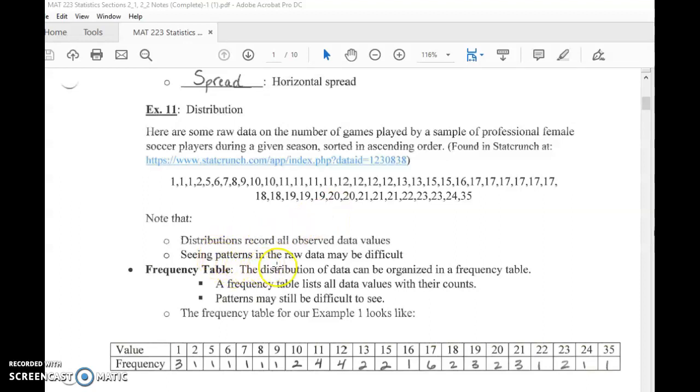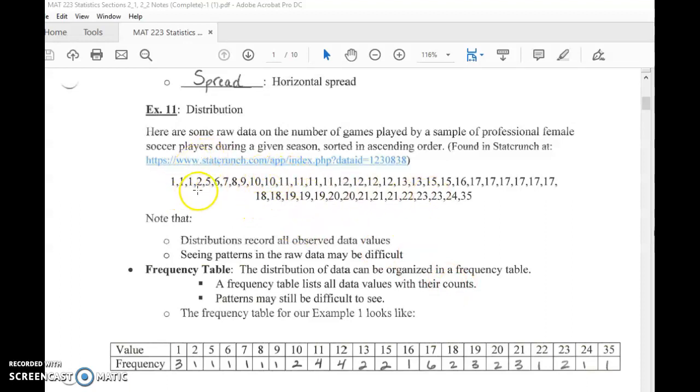And I'm trying to see patterns in the raw data, which can be difficult when I'm just looking at numbers like this. So one of the first things we can do is construct what's called a frequency table. In a frequency table, the distribution of data can be organized, and a frequency table lists all the data values with their counts. So one of the first steps in organizing is to sort it.